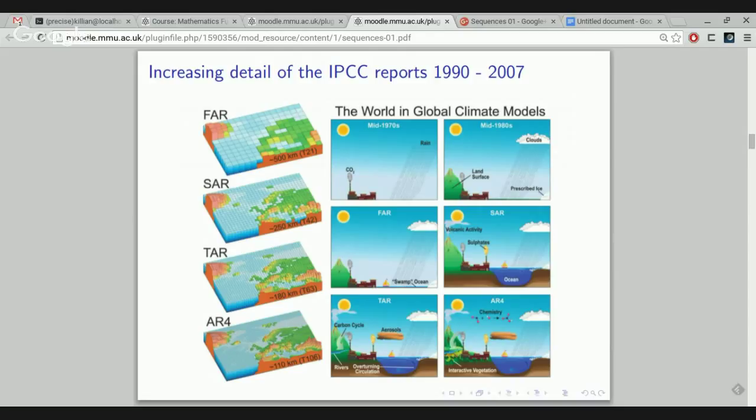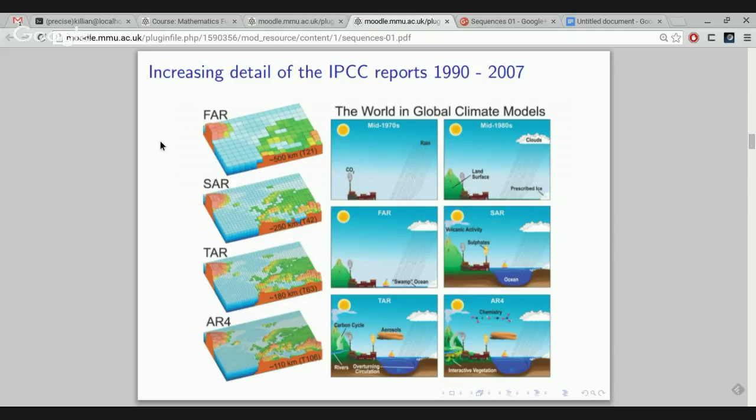These are four representations of Europe, and they illustrate the level of detail in the models that were in the IPCC. The IPCC is the Intergovernmental Panel on Climate Change, a big international scientific body which is researching climate change and producing models and predictions of how the climate is going to develop in the future.